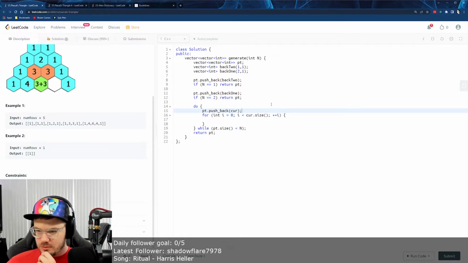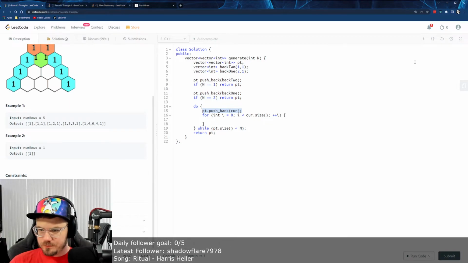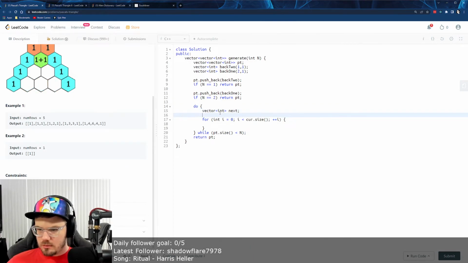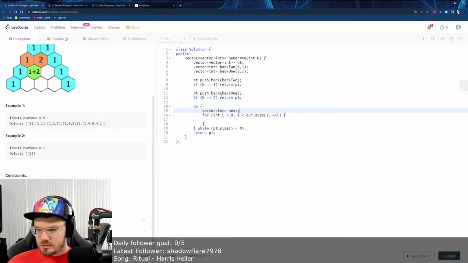So the first thing we do is next. And let's iterate through back 1.size.